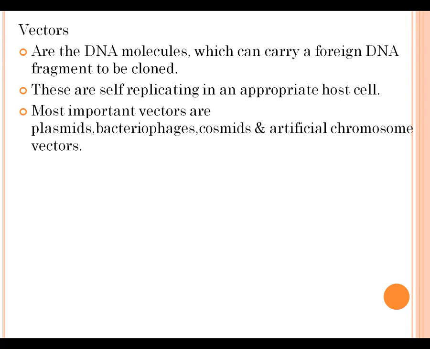Vectors are DNA molecules which can carry the foreign DNA fragment to be cloned. They are self-replicating in an appropriate host cell. The most important vectors are plasmids, bacteriophages, cosmids, or artificial chromosome vectors.